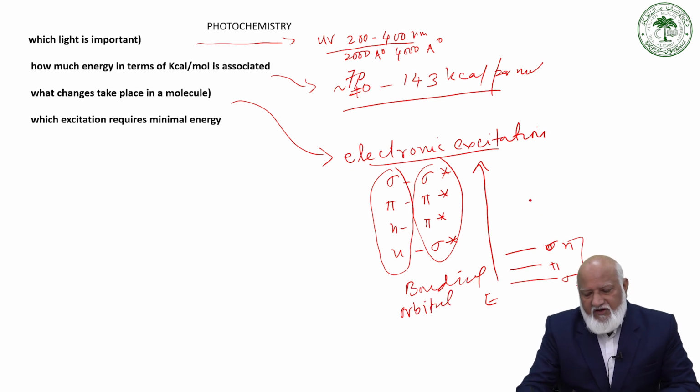When we shine UV light, they go to anti-bonding orbitals: pi star, and then sigma star.